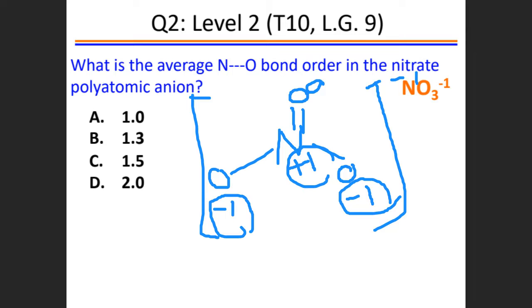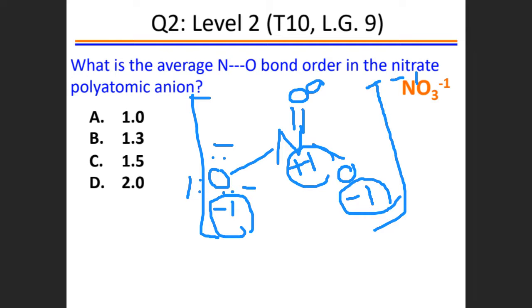Like here, we have the 2. So how many do we have here? 2, 2, 2, correct? 3 lines. In your presentation slide, you will see the line. A line means 2 electrons, like that. But what I want to explain is how we can calculate the bond order.